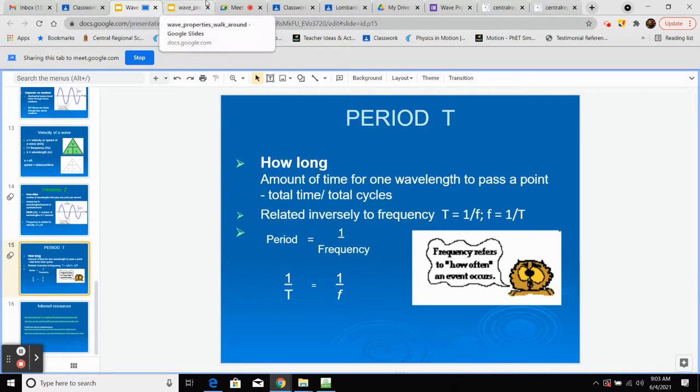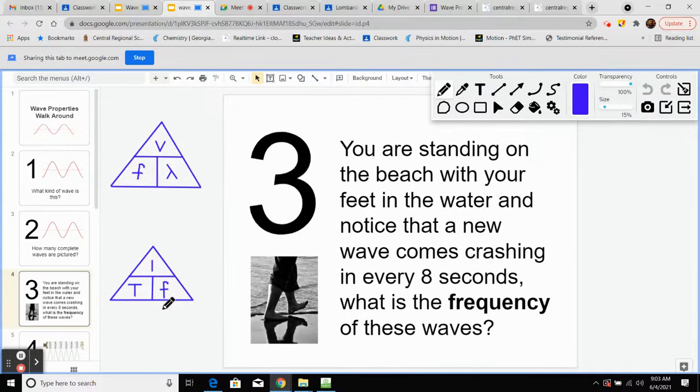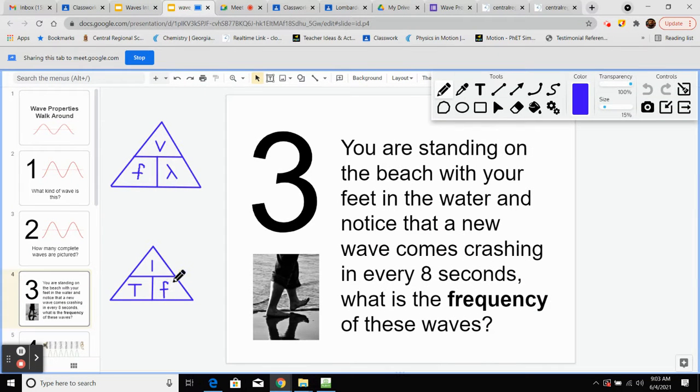So what I did was put that basically into a triangle. If you're given the period, t, and they want f, so if I cover up f here, the equation becomes f equals 1 divided by t. So you're going to do, in your calculator, 1 divided by 8.